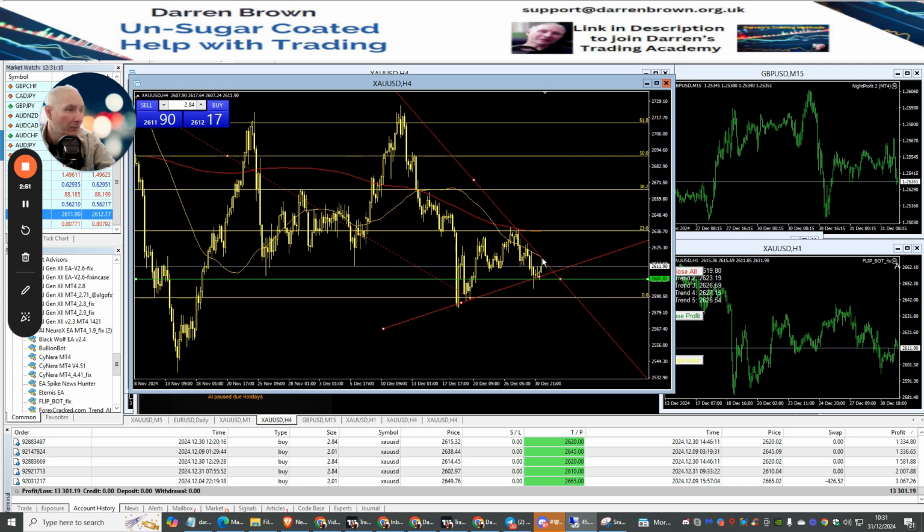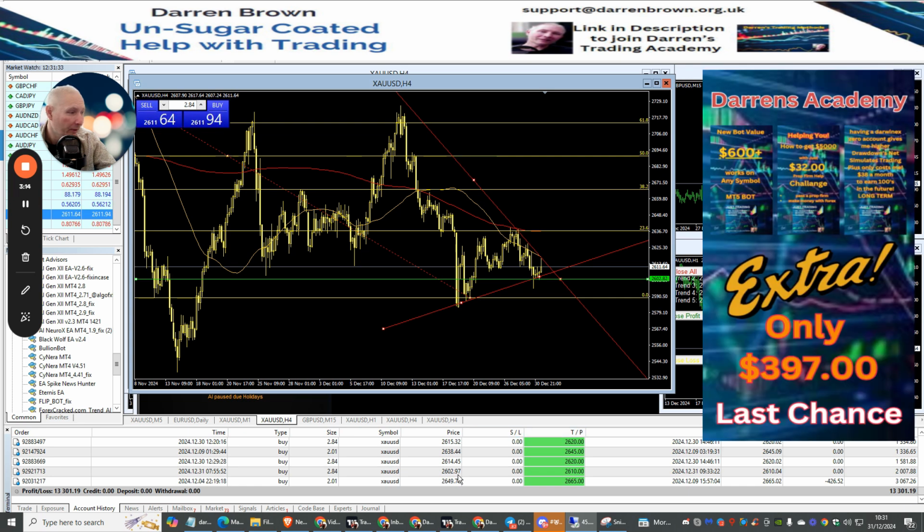Okay, so at this point it's just stopped below the 50 MA, which is a 50 moving average. It hasn't gone past the 50 moving average, so I was using these two windows here. I placed a trade last night at 2602.